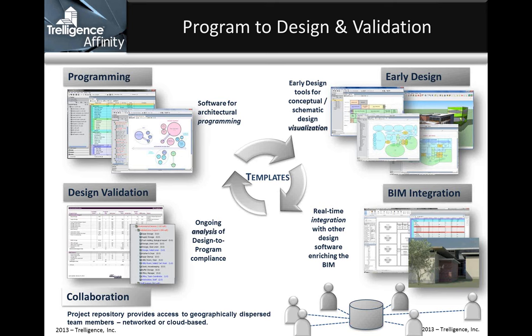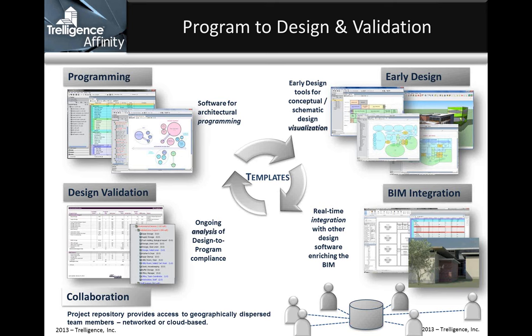It's not just a list of rooms, it's a hierarchy to the programming. We'll see that once we get into the software. The program can be viewed different ways, from spreadsheets to relationship diagrams, and it can be exported or printed on reports to share with your clients.